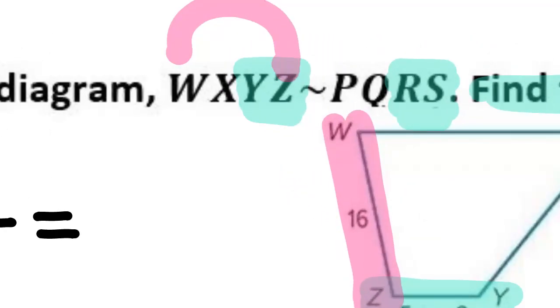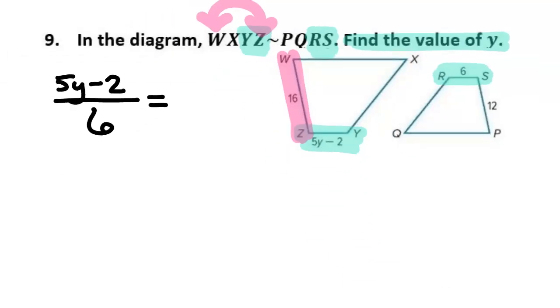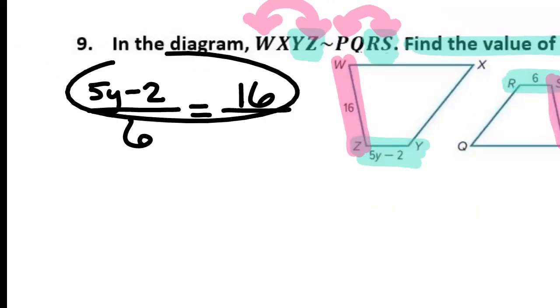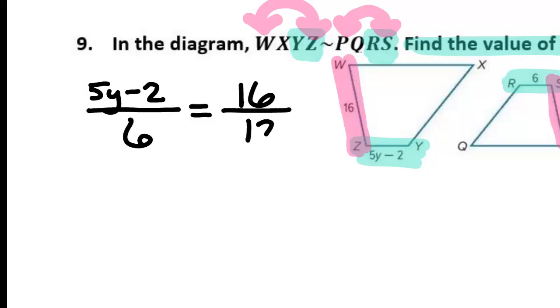WZ is the first and last letter here. What would that have to correspond to on the other trapezoid? PS, right here. First and last letter. Which one should go on top, the 16 or the 12? 16, because these two have to come from the same figure. So I have 16 over 12.